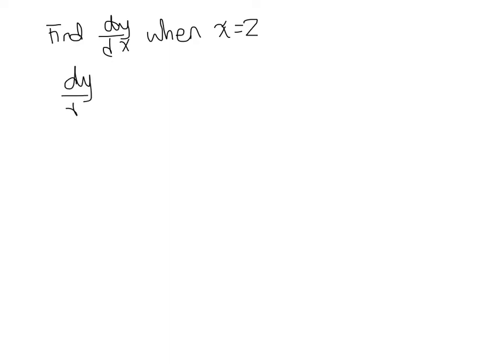So this question in your notes had a second part that said to find dy/dx when x equals 2. Now we know that dy/dx we had in the last slide was negative 2x minus y over x. We know that x equals 2, so we'll be able to plug that in, but we don't know what y is.